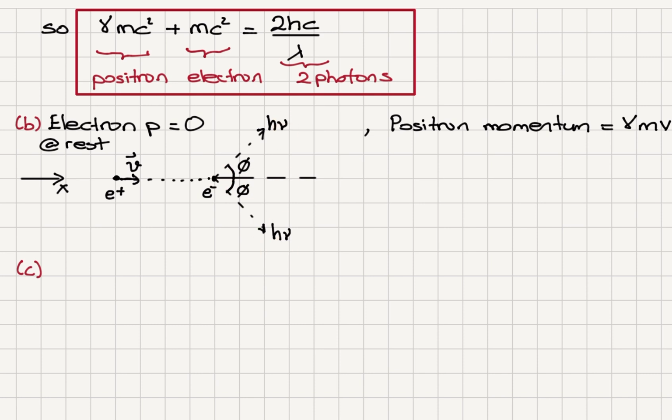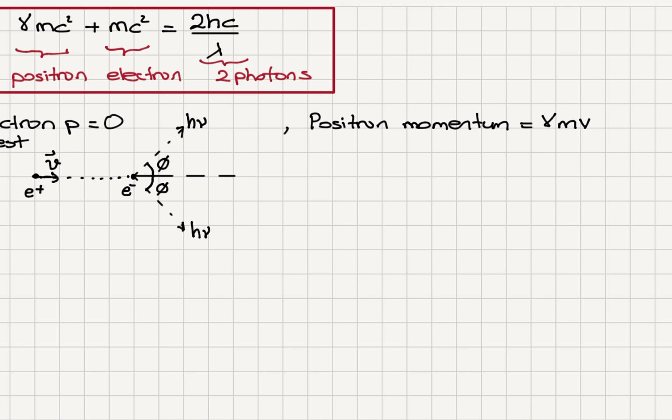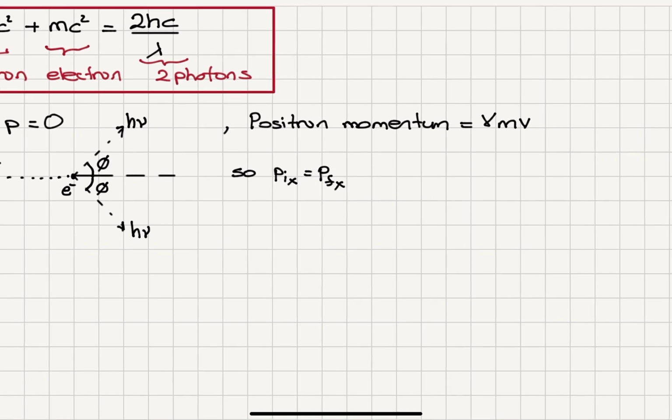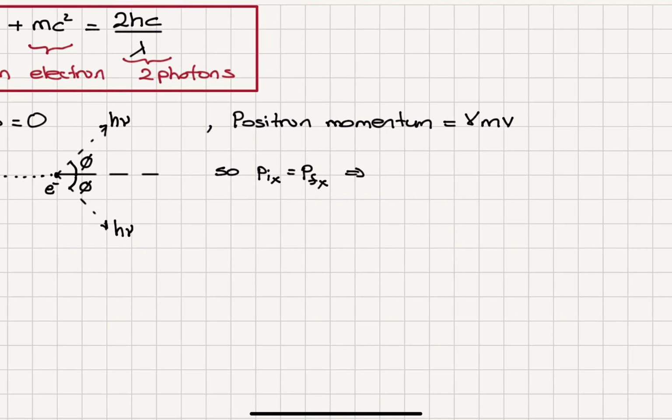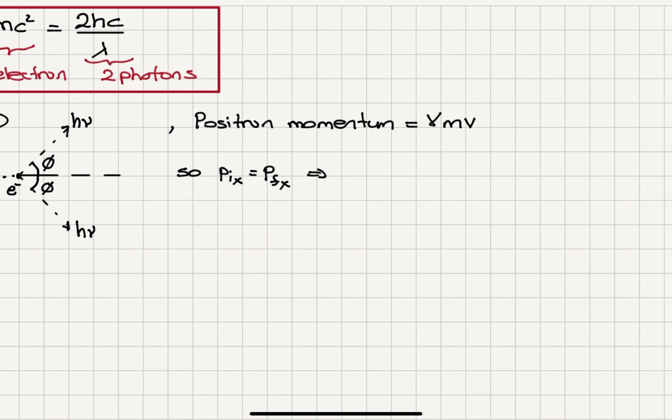So if I write momentum conservation, because there are no external forces acting on the system, initial momentum x component must be equal to final momentum x component. This is telling me that initial momentum, which is gamma times mv, that of the positron, there is no initial momentum for the electron, is equal to the final momentum, twice h over lambda.